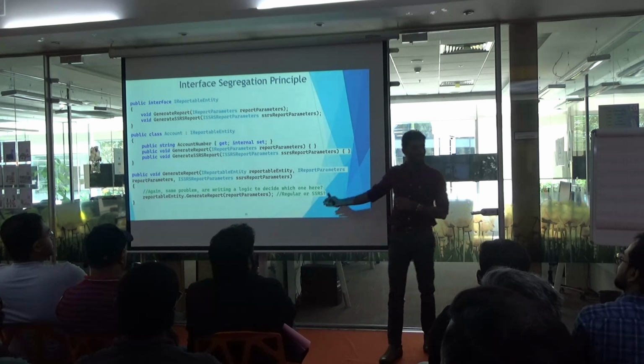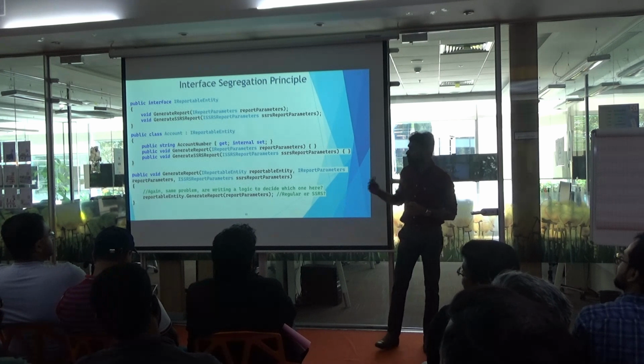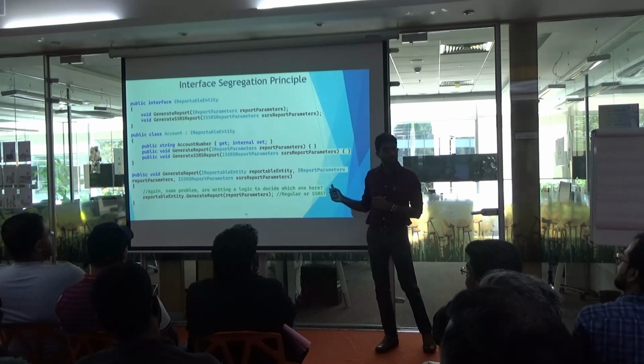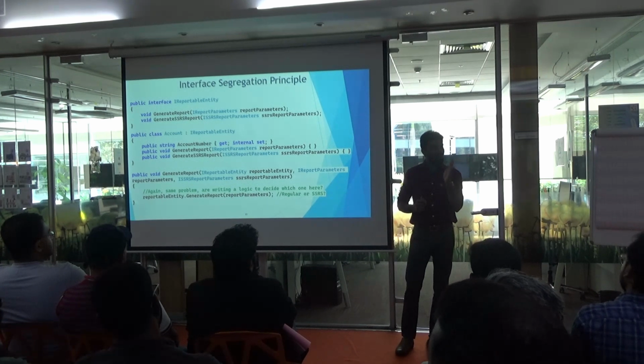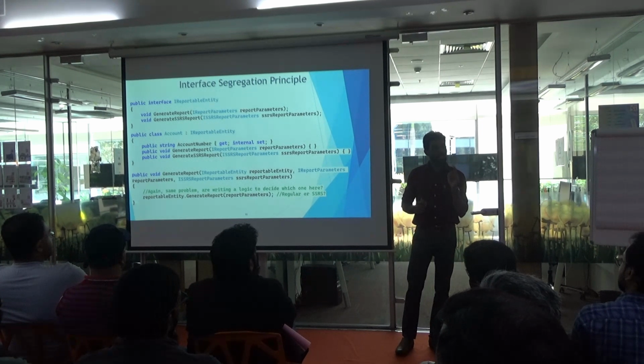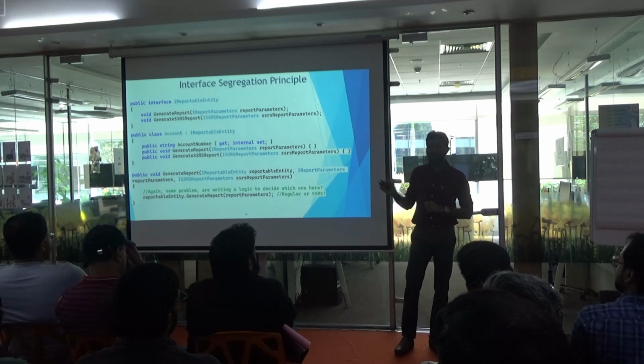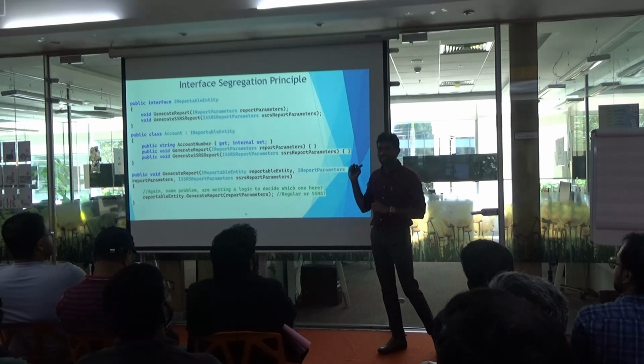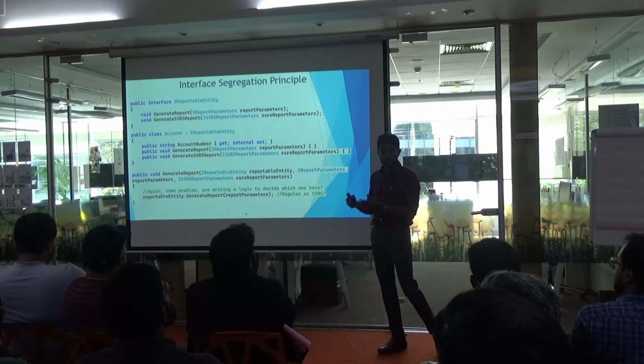Does it make sense? What I am trying to do is, if you notice the problem is here, there are n number of entities that we are going to generate reports for. It could be user, asset, account, n number of them, and n number of reporting tools that we are going to use.